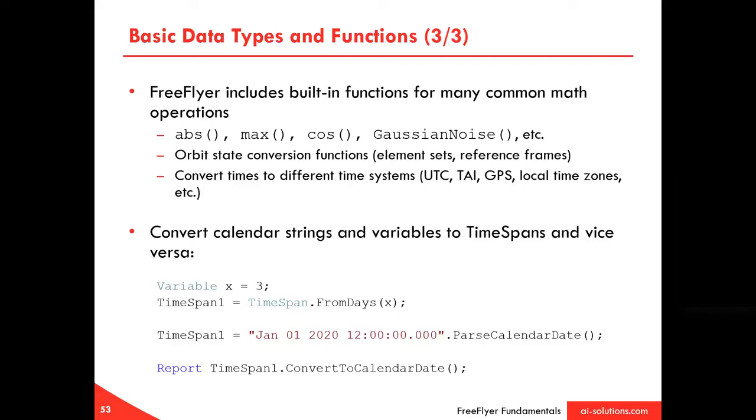Finally, there are also functions that let you easily convert between calendar-formatted strings and variables representing epochs and timespan objects. The script examples here show some examples of converting from a variable object to a timespan, as well as converting from a string representing a calendar date to a timespan.